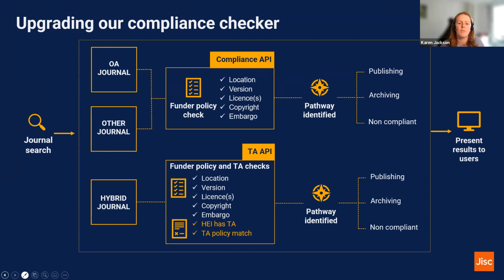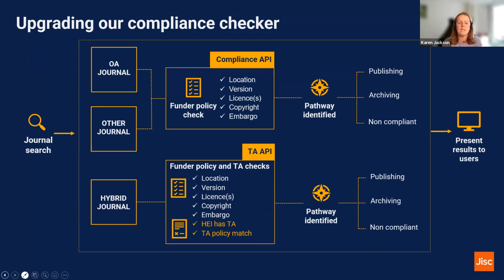We will check against the funder policy data, including the location that the journal policy allows. So can it be shared in an institutional repository? Can it be shared on the author's website? Could it be shared on any other website?